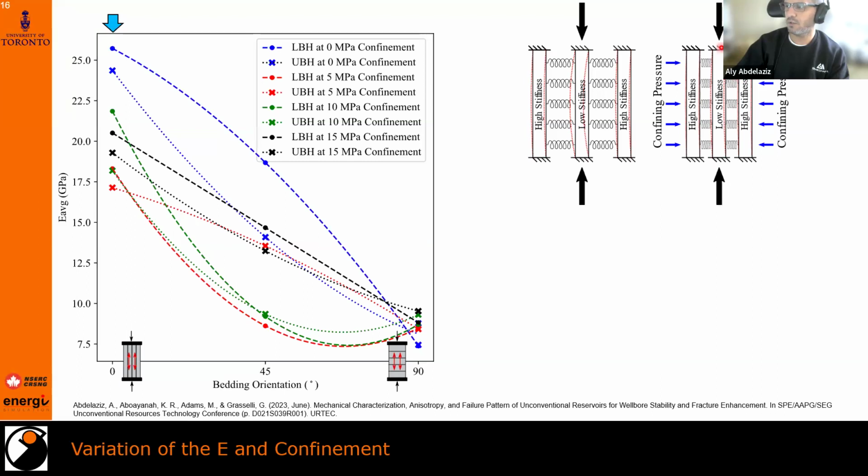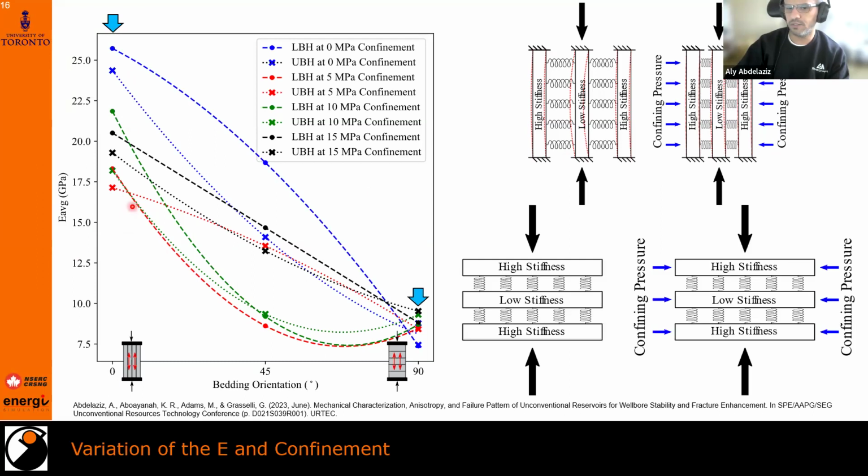But when you have some confinement, you're not allowing them to move. And thus, you get this variation in the results. But when you have 90 degrees to bedding, so you are testing perpendicular to bedding, what you see is the confinement doesn't really have any impact on your springs. So the stiffness is almost the same, which is what we capture here.